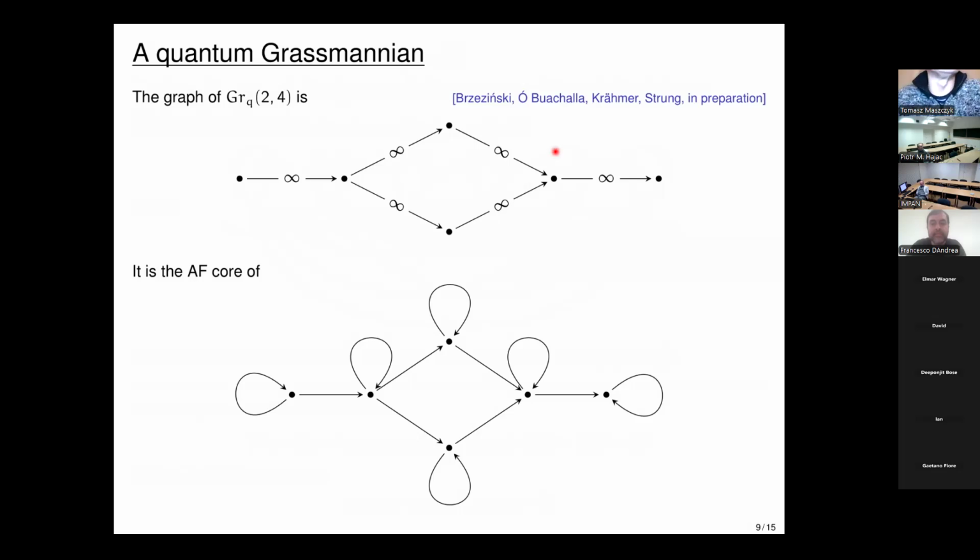So look, if you look at these vertices, you could think about the first vertex as a point, the second vertex as CP1, next two as copies of CP2, next one as X6, and the last one as G42.